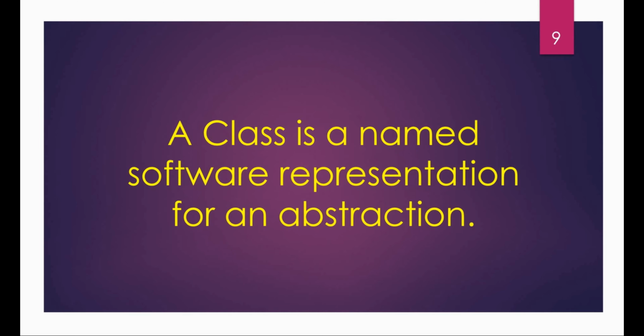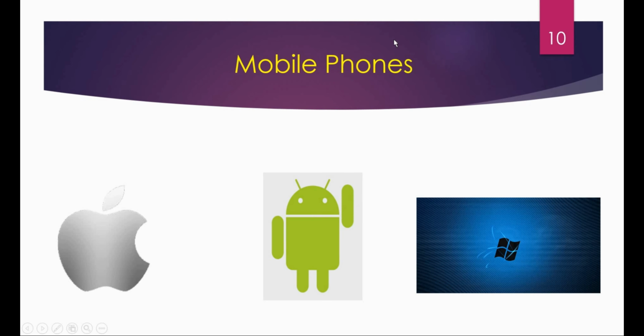So let's take a class named mobile phones, and let's say we want to create a subclass of mobile phones named iOS, and we can set the blueprint of our subclass iOS in such a way that it will have only those phones which run on iOS. So once that class is created, the iOS class will have only those phones which run on iOS.